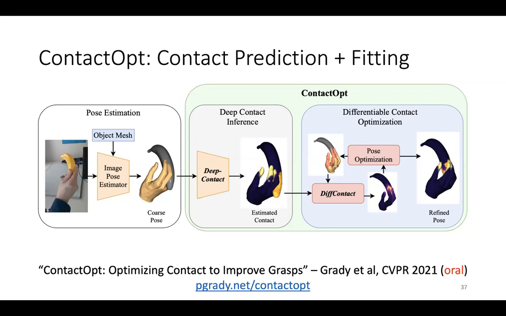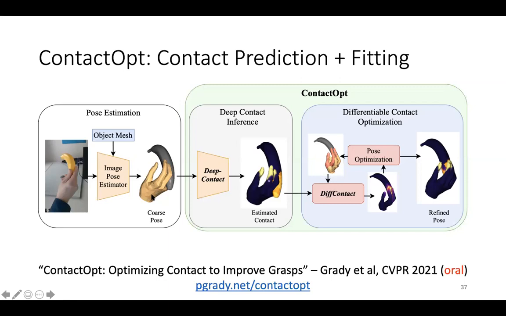That accuracy difference might be small when you consider 3D distances of hand joints, for example. But when it comes to contact, these small minute differences actually make or break contact and completely change the contact structure. So ContactOpt is a plug and play algorithm that you can put on top of any image based hand pose estimator.